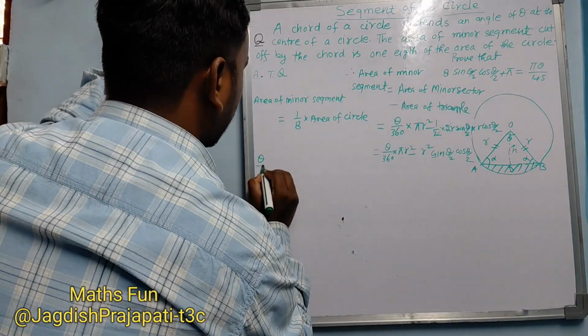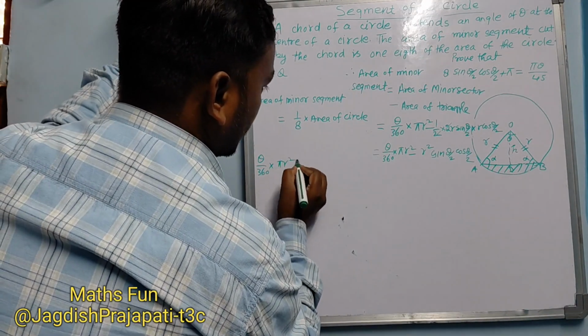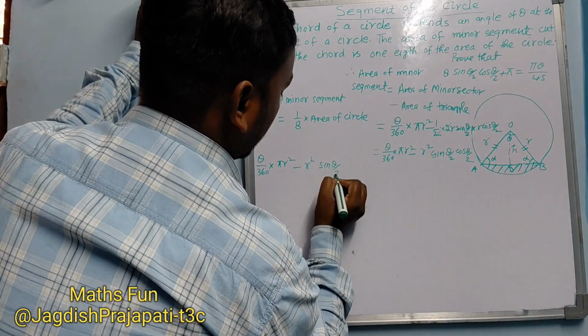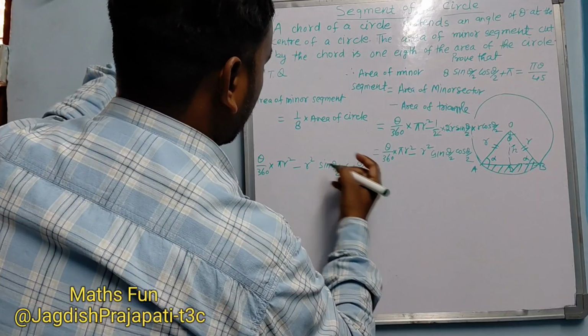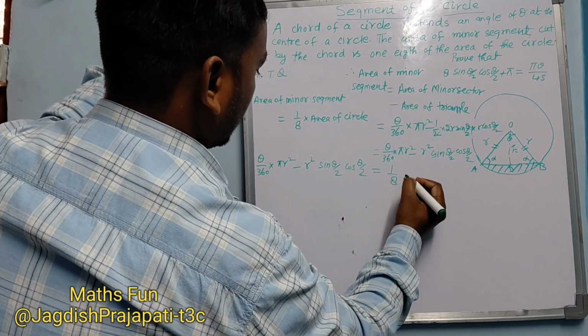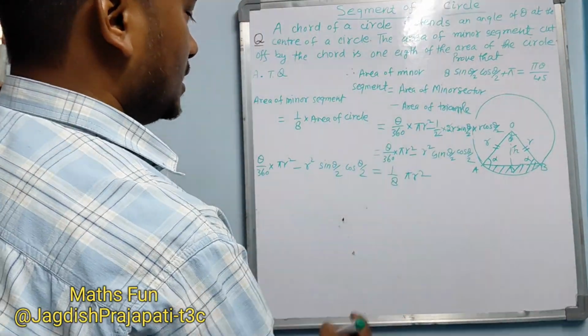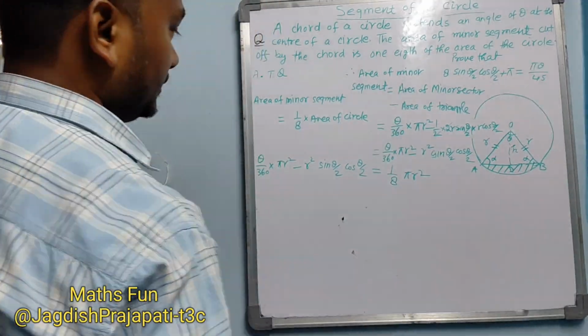So theta by 360 into pi r square minus r square sin theta by 2 cos theta by 2, and this is equal to 1/8 pi r square. Area of circle is pi r square.